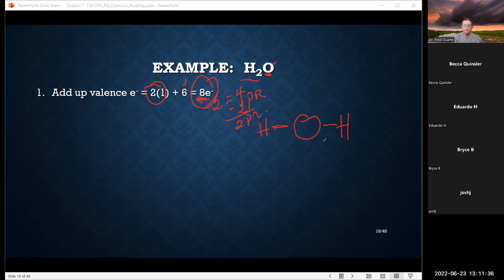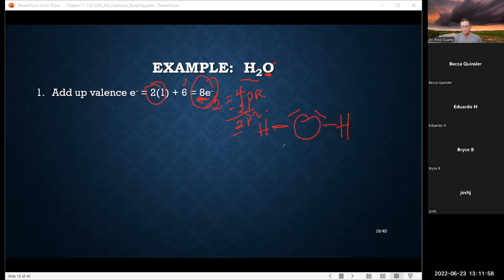So the only logical place they must go will be the oxygen, because as is written now, oxygen only has 4 electrons around it, so it's shy of the octet. By adding those 2 pair, and I just draw 2 lines, I now have everybody happy here.